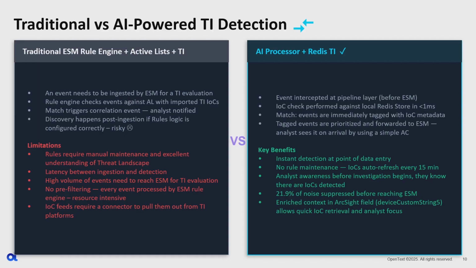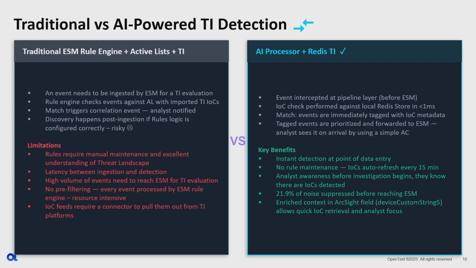So if you're an analyst, level 1, let's say, and you see inside your active channel that there is an event with an IOC flag, right? Basically, the moment you see it, you already know that probably you must start looking into it, okay?